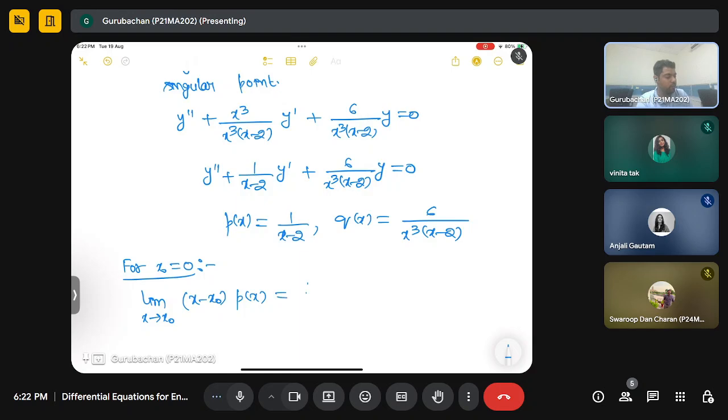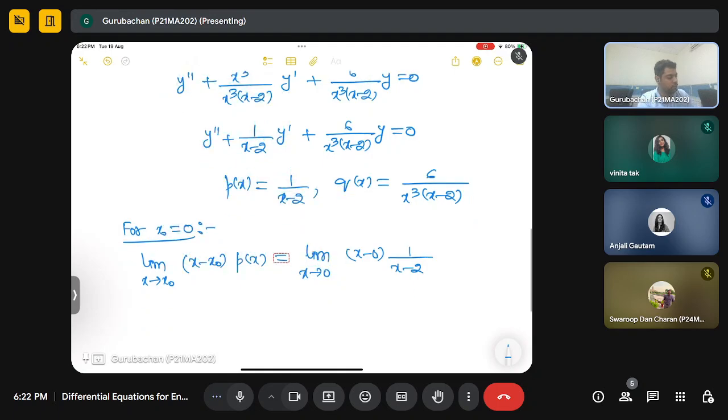And here it will be limit x tending to 0, x minus 0, and this p(x) is 1 by x minus 2. So limit x tending to 0, x by x minus 2.